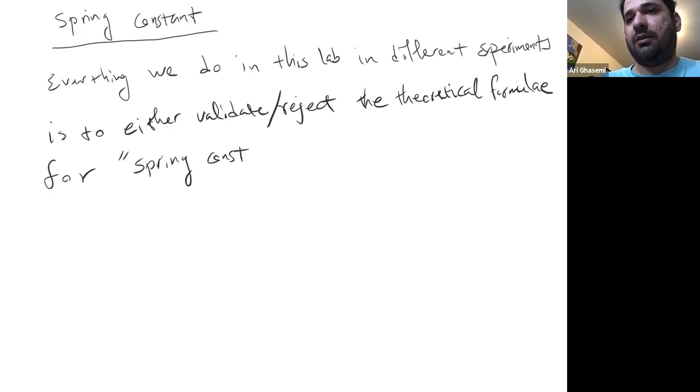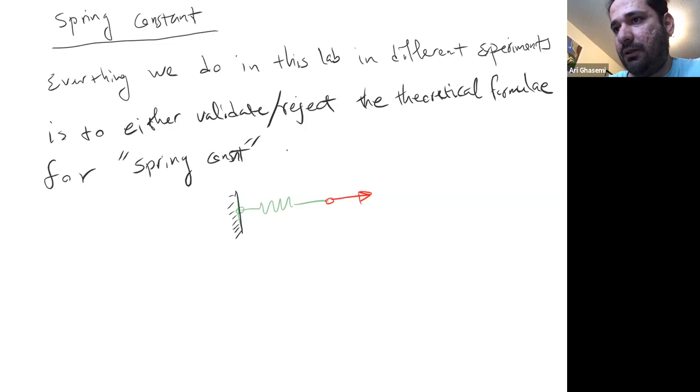And what is that? Now, I want to talk about the spring constant. Well, according to basic physics, if you have a spring and you fix one end, maybe to a wall or some other mechanical system, and then you apply a force to the other end, it is going to deform. You're going to get some sort of deformation, a deflection, delta.